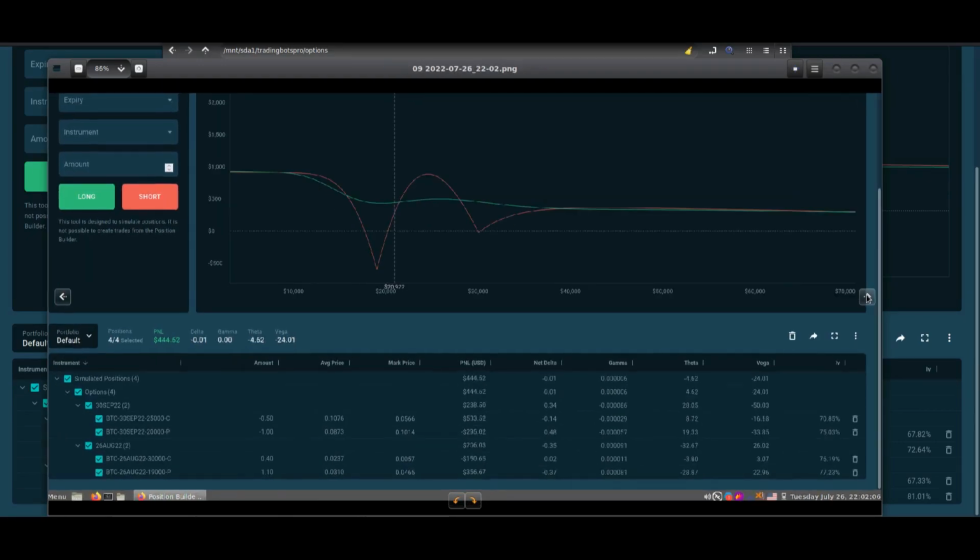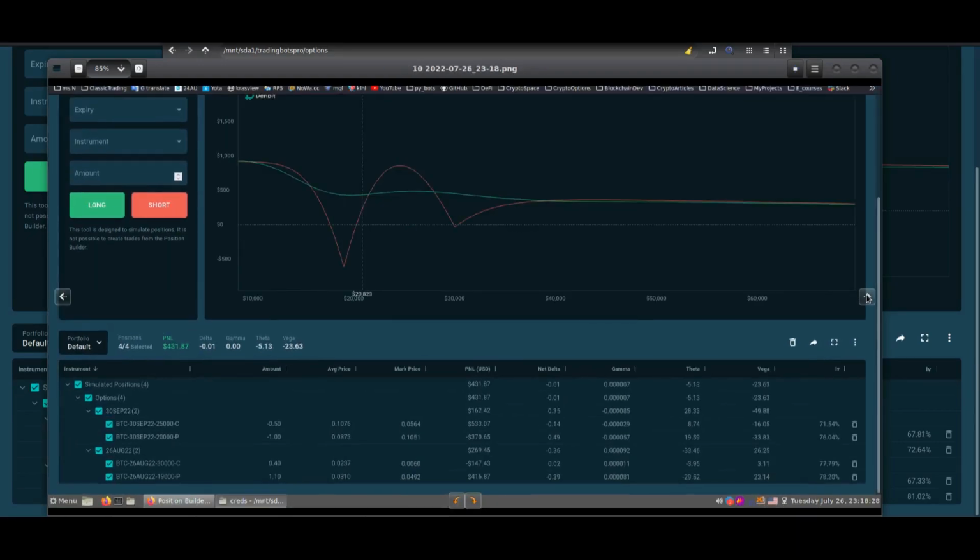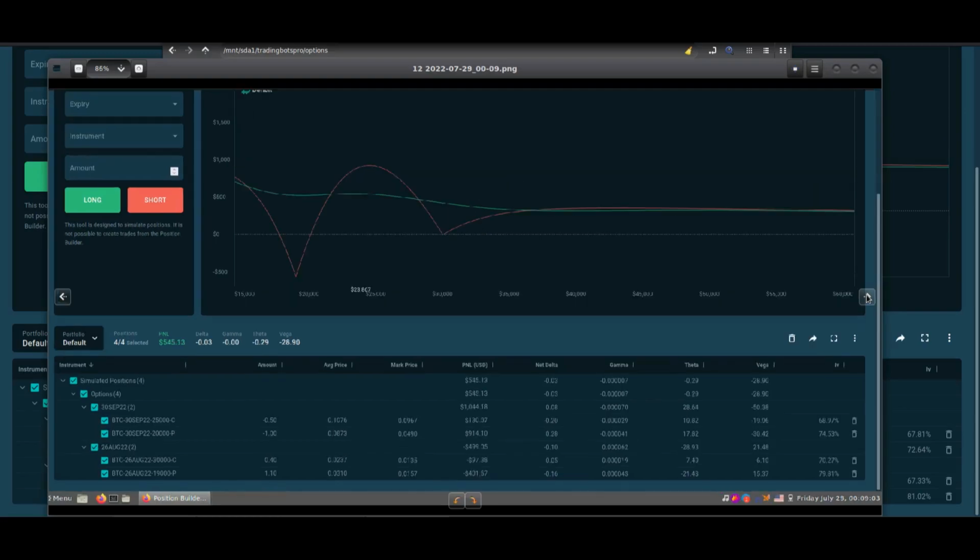The most interesting situation is when price gets back to the initial price, like this, $23,800, 29th of July. So take a look.